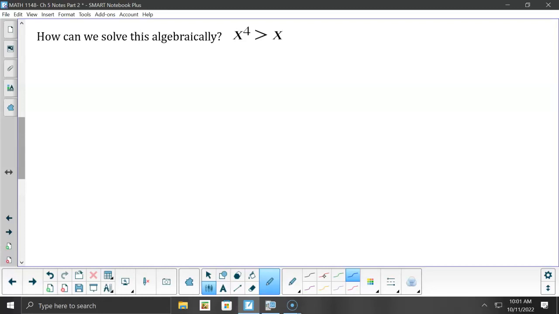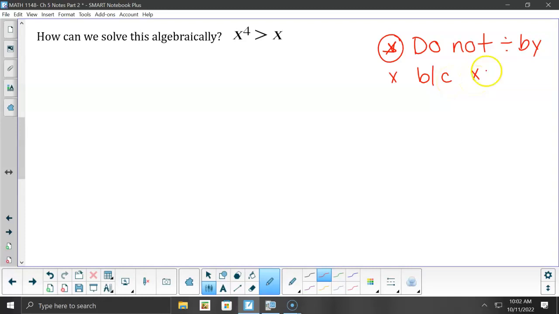How many of you want to divide by x right away? Don't do that. I tell you that because that was always my thing, everything divide by x. Here's the problem: if I divide by x, and if x equals 0, what happens? You can't divide by 0. Bad things happen. So I would put a little note on the side: do not divide by x, because x could equal 0.